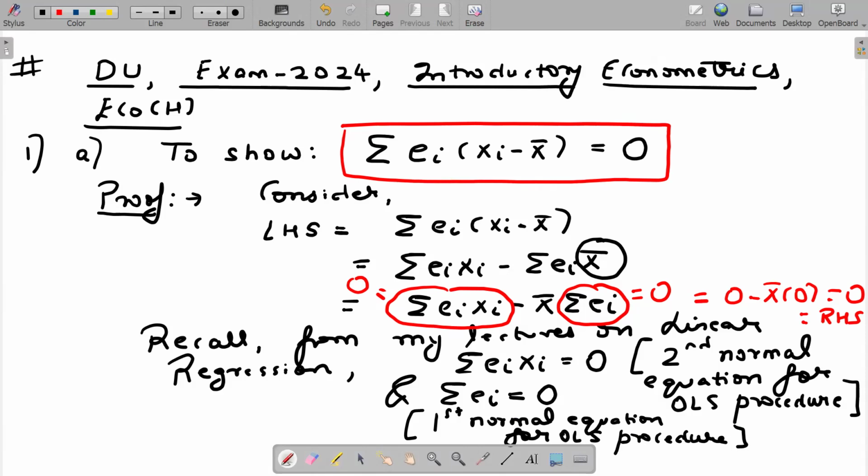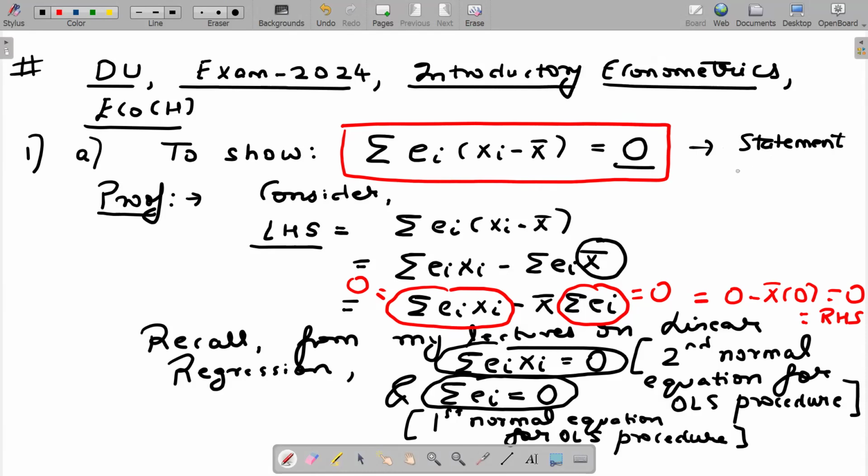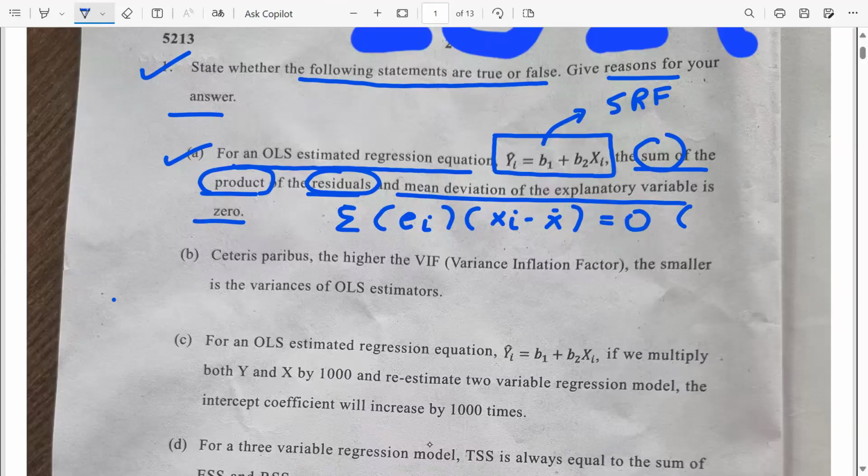But if you look at the first normal equation, it gives you summation ei equal to 0. If you solve for the second normal equation, which I have already done in my lectures, you get summation ei xi equal to 0. You plug them in, you get LHS exactly equal to RHS, which is your answer. That means this statement is true. My first statement is true. So if I come back to the question paper, this is a true statement.